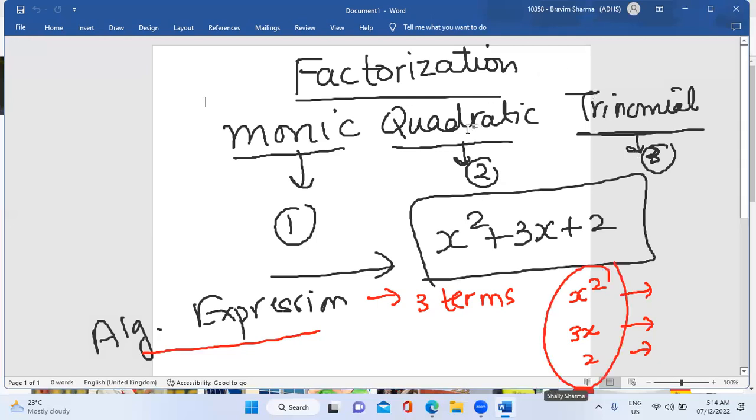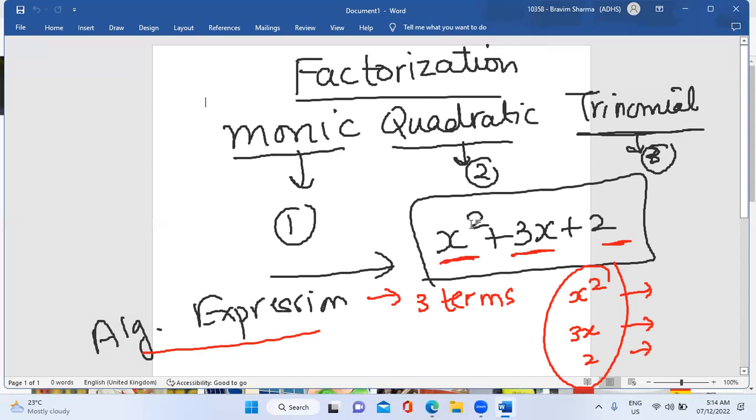Second comes quadratic. Quadratic stands for the exponent value, the highest exponent value, briefly speaking. For example, here we have one term as x squared, another term is 3x, and another term is 2. In these terms, the variable is x.